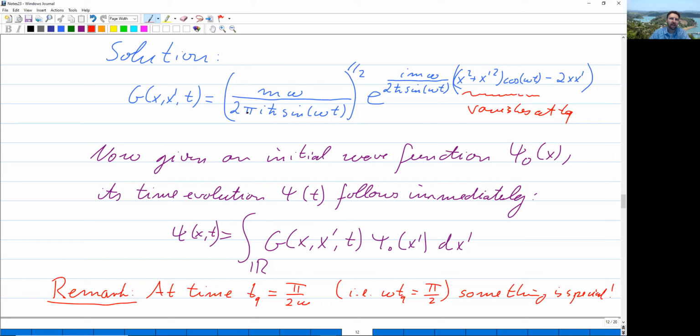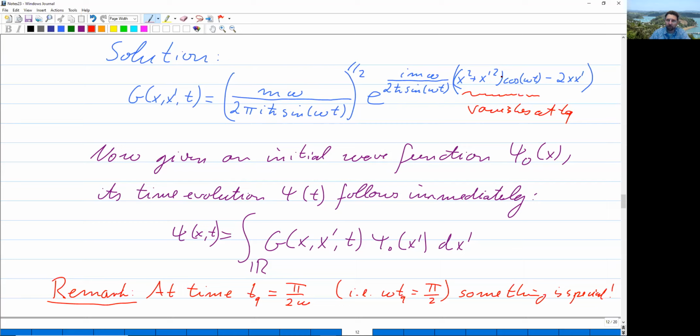Here's m omega over 2 pi i h bar, and then you have 1, because the sine of omega t_q is 1, and the square root of that. Just some prefactor, it doesn't matter exactly what the value is. Here too, just some prefactor, almost the same as this one here, right? So just some numerical value with an i in front.